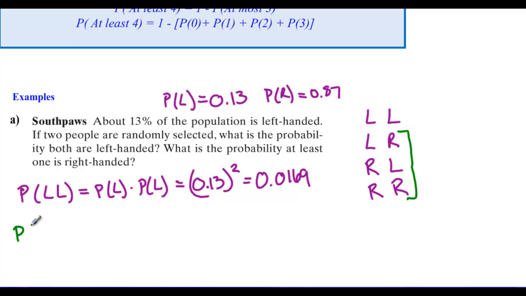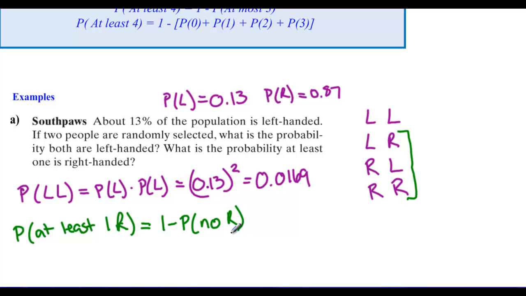So the probability of at least one right-handed person is going to be the same as 1 minus the probability of no right-handed people, so none. But again, we're going to rephrase this, that no right-handed people.